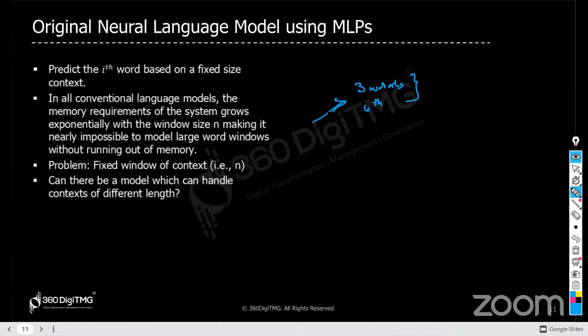But if you have a different requirement, like 2 words and you want to predict the 3rd word, this won't work because this is not the same data set. This data set is designed separately. So these are the problems that we have with the multi-layered perceptron. So people did thorough research and came up with something called RNN, recurrent neural network. So we will see RNN right now.